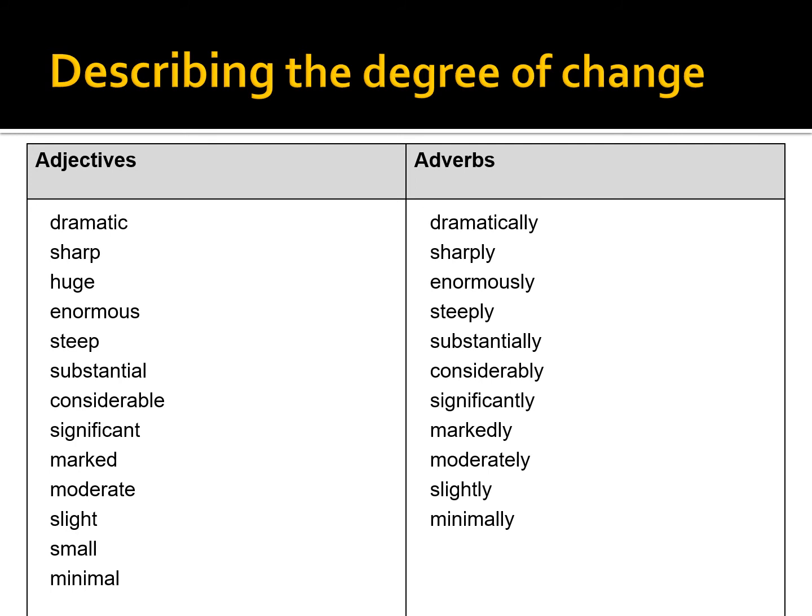You can use the word change with these words. Dramatic change, sharp change, huge change, enormous change, steep change, substantial change, considerable change, significant change, marked change, moderate change, slight change, small change, and minimal change.